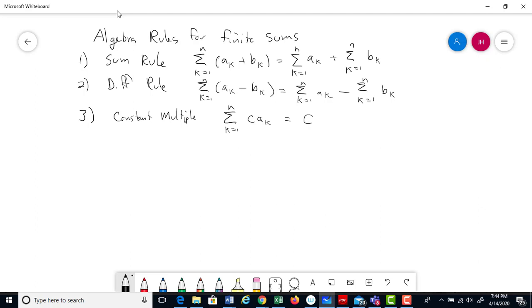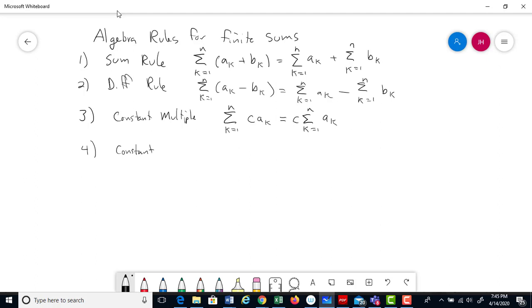Well, we can pull them out just like we do with limits and derivatives and indefinite integrals. Pull out the c times a sub k. So, like I said, we can pull out the constant.